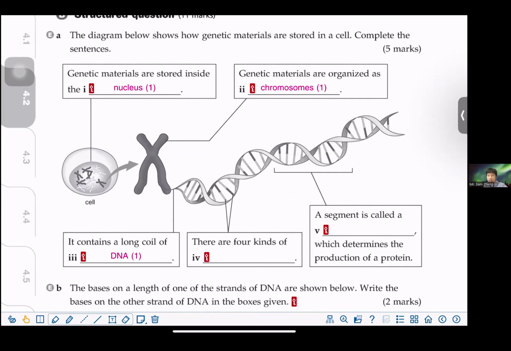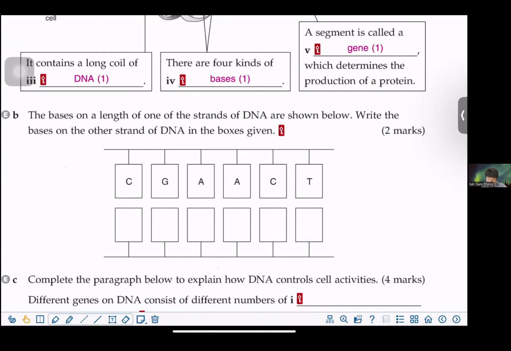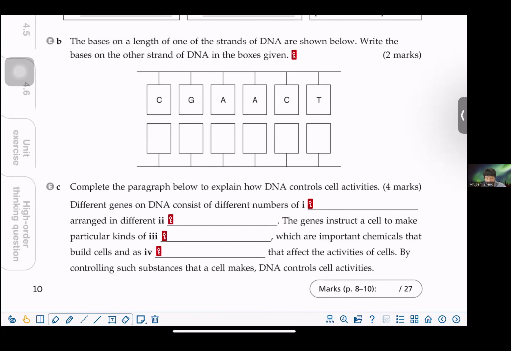And for the DNA, the full name is deoxyribonucleic acid. And there are four kinds of bases, okay? And each segment, we will call it a gene. So for the B and C parts here, actually it is an extension, so I won't go through it with you.